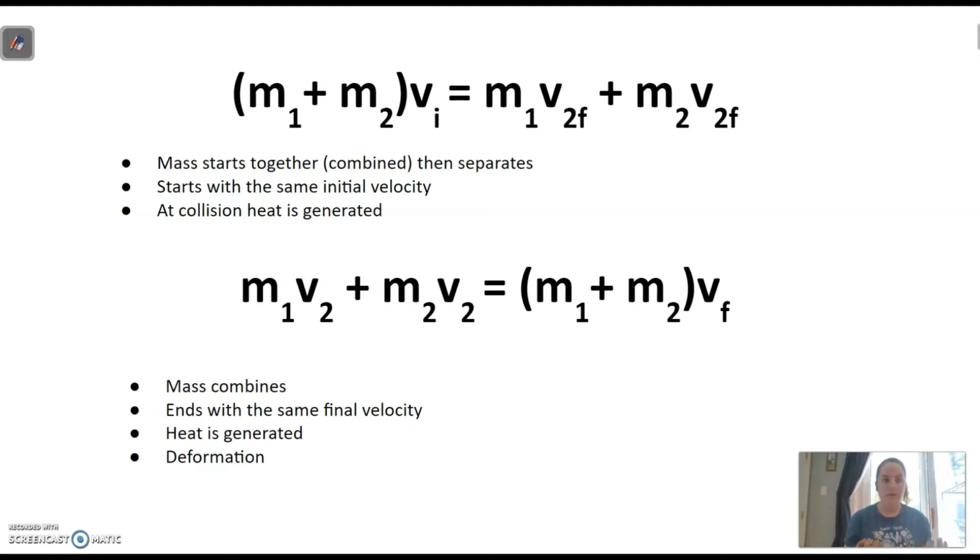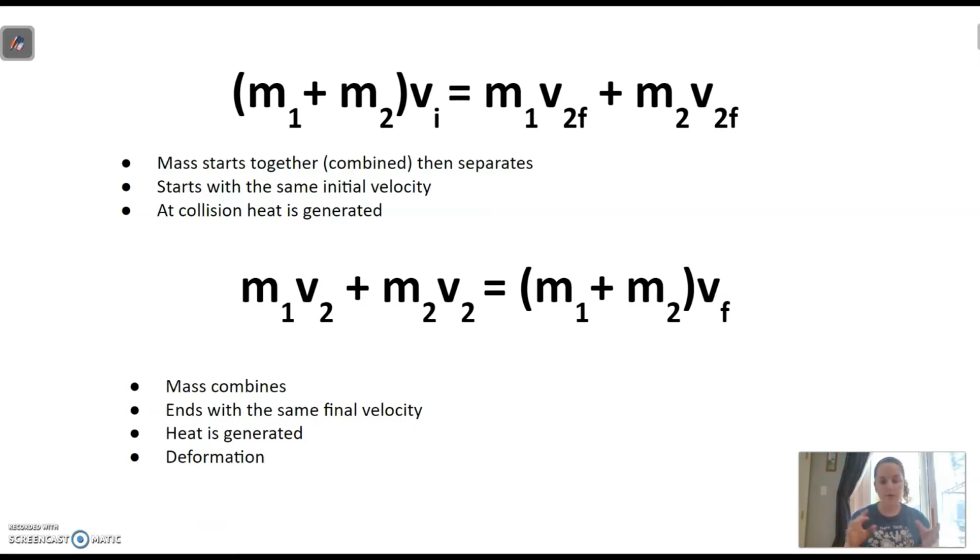So the mass starts combined and then they separate. Like, let's say somebody was throwing a tool. They initially had it in their hand, and then that collision point would be when they release the tool. And so your two objects are going to have two different velocities at the end.